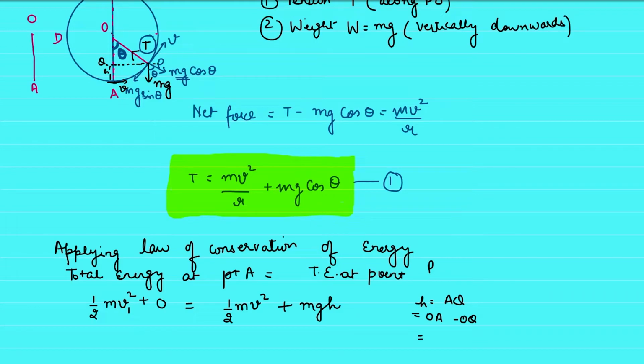OA is nothing but the radius of the circle, and OQ we can find out from the right triangle OQP. Now if you see this figure, in right triangle OQP, can I say OQ upon OP is equal to cos theta, or you can say OQ is nothing but OP cos theta, or you can also write it as r cos theta because OP is also the radius.